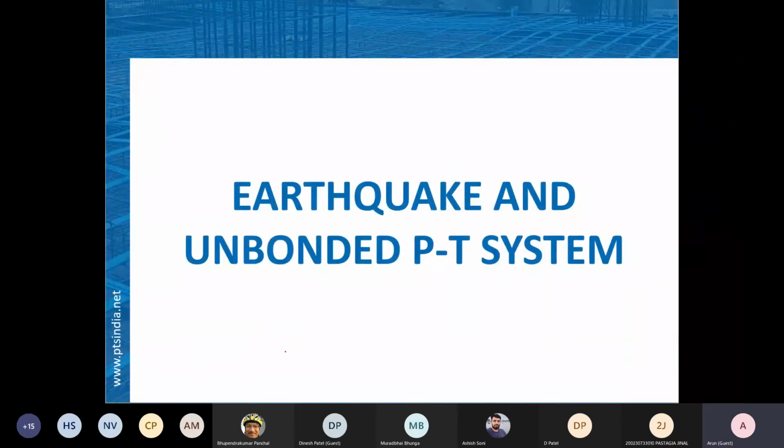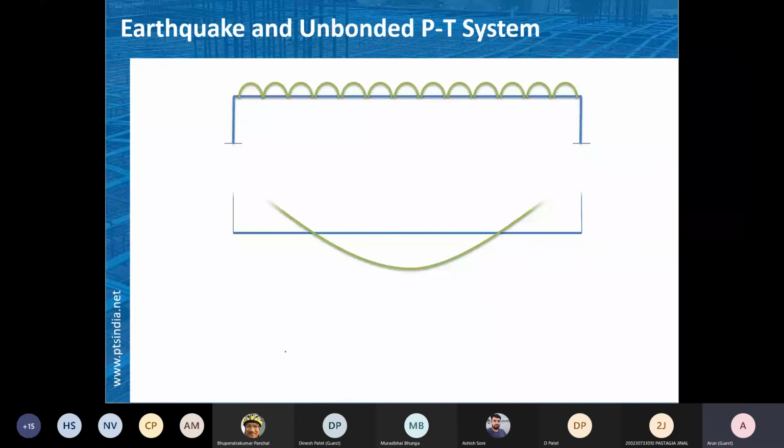Earthquake and unbonded PT system. Let's do a little bit on the theoretical part. This is generally the bending moment we get when we have a portal kind of thing and a UDL acting on the beam: negative bending moment at the support and positive bending moment at the midspan.